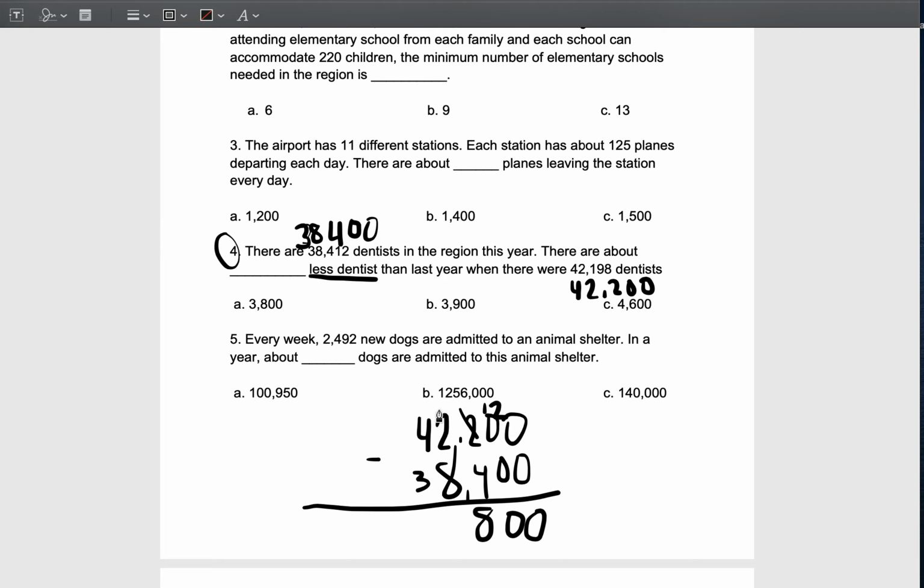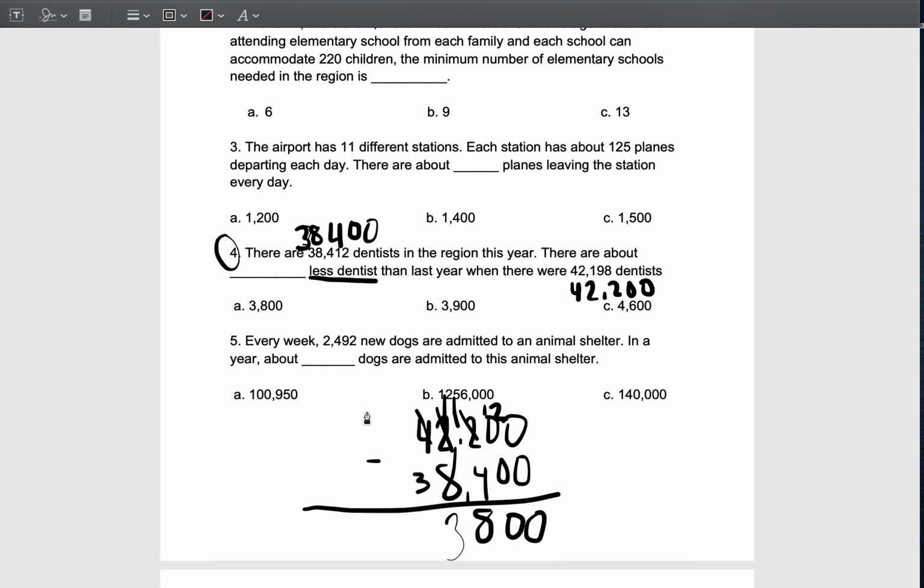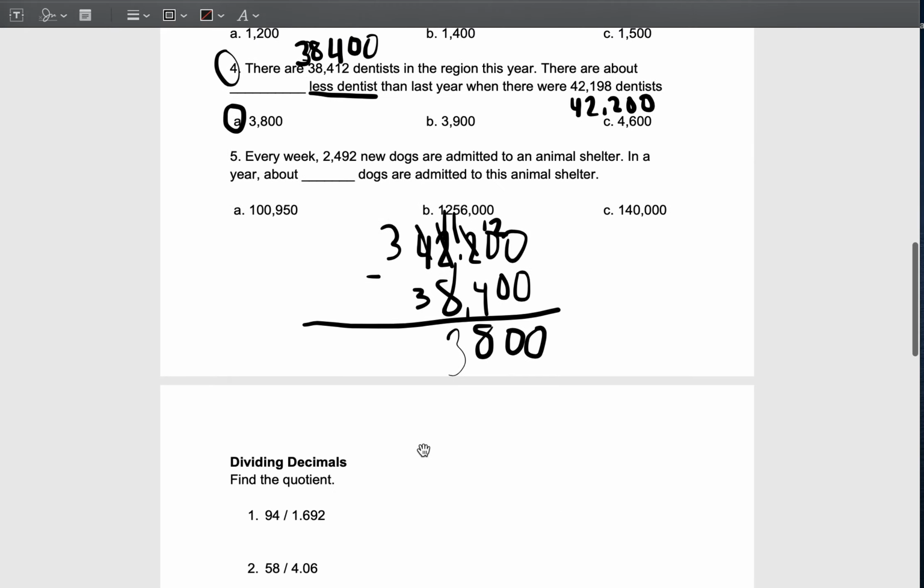Since we borrowed, it changes to a 1, and since there's not enough, borrow 1 more. 11 minus 8 is 3. And since we borrowed, it changes to a 3, it's a 0. Oopsies. So the answer to this is 3,800, which is A. So basically, if you just estimate, then you will get there.